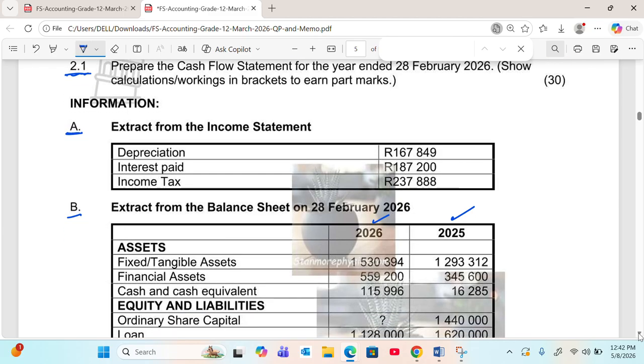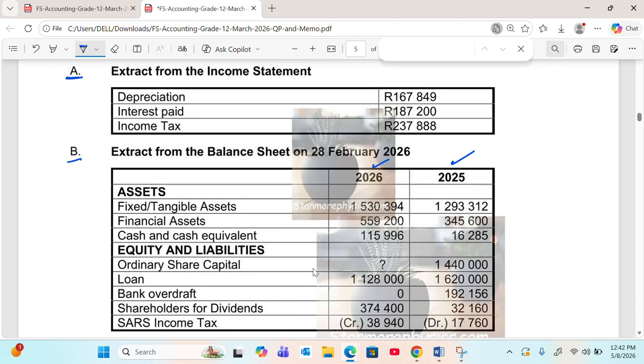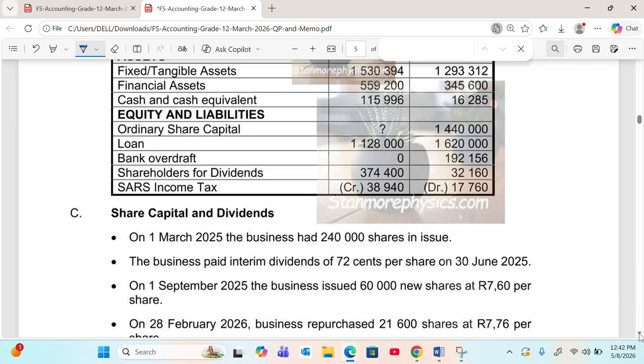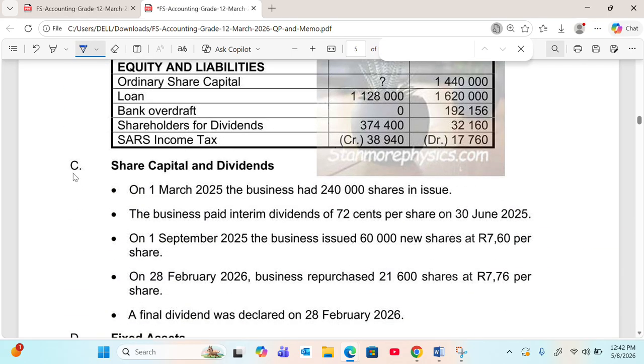B, we have extract from the balance sheet on the 28th of February. So we have the balance sheet from the previous year and the current year. Exactly what we need.